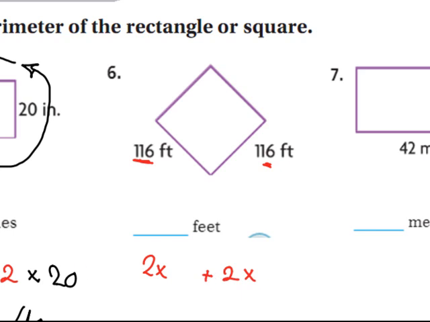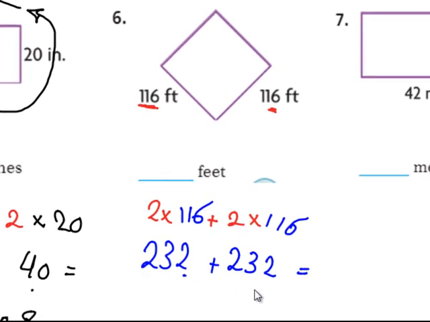Great job. 2 multiply 116. Double it. 232. Great job. Add them: 2 plus 2 equals 4, 3 plus 3 equals 6, 2 plus 2 equals 4. So the final answer is 464 feet.